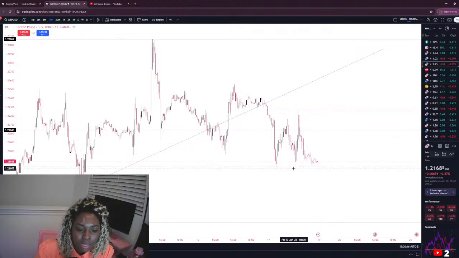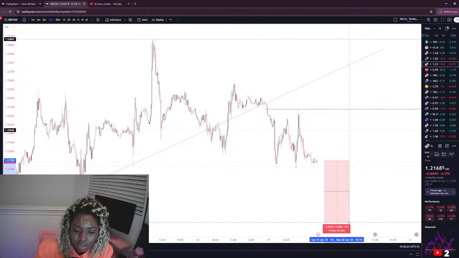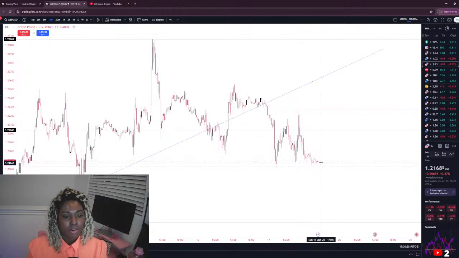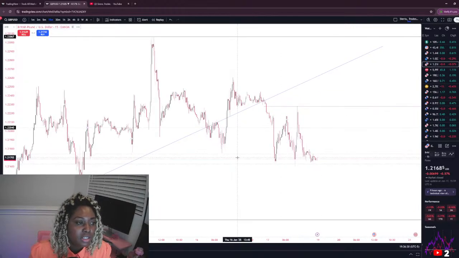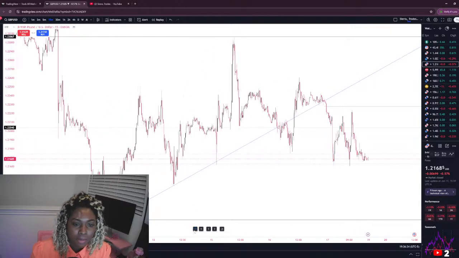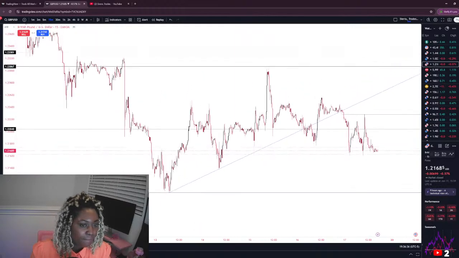I want to see it break this level and leave some type of gap to get in. Trade it down to here. 70 pip gain depending on if it lets us in or not. I'm going to look for that on Sunday, Monday. That's going to be a good one.